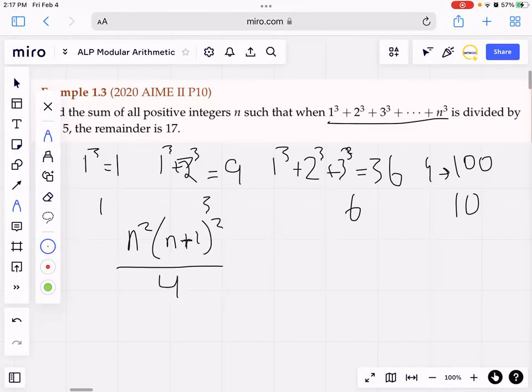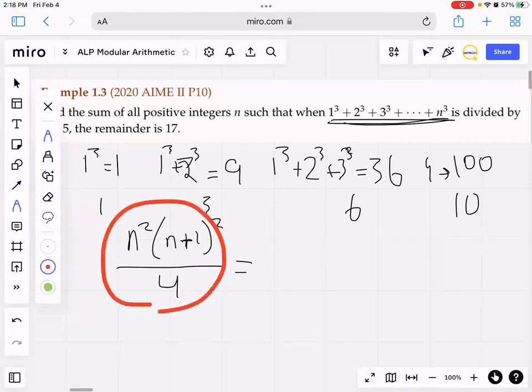But this is quite important, because now this is equal to the original expression here. We want to find this mod n plus 5, and we want to find an n such that when this expression is divided by n plus 5, the remainder is 17. So now we're going to manipulate this expression.